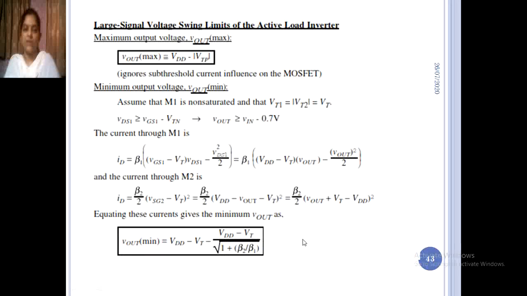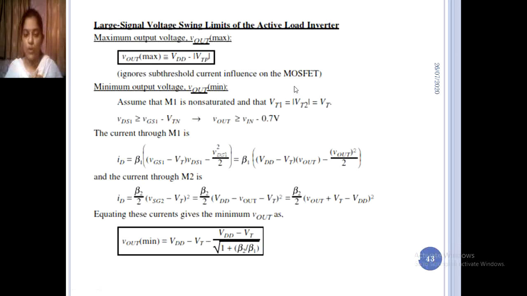Large signal voltage swing limits of the active load inverter: the maximum output voltage Vout max is equal to VDD minus the modulus of VTP. This ignores the subthreshold current influence on the MOSFET.